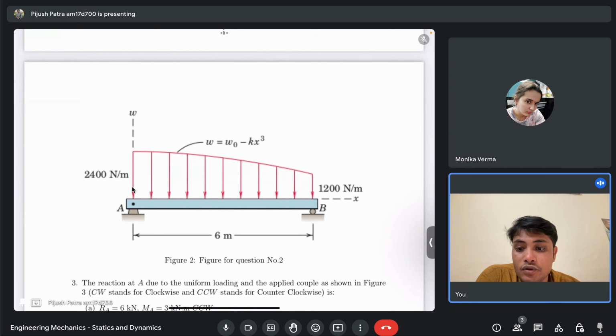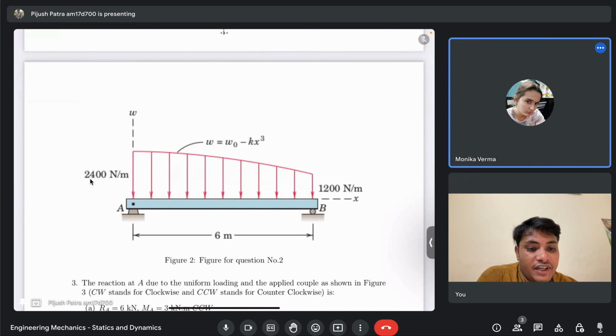The value of W is given at x, like if you consider an axis with origin at this pin joint A, with the x axis and this as the y axis, then at x equals 0, this W is equal to 2400, right?